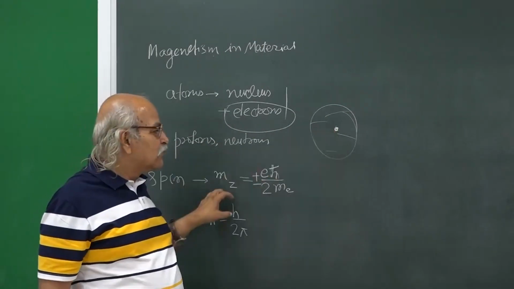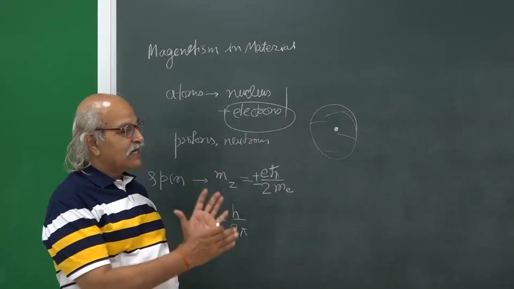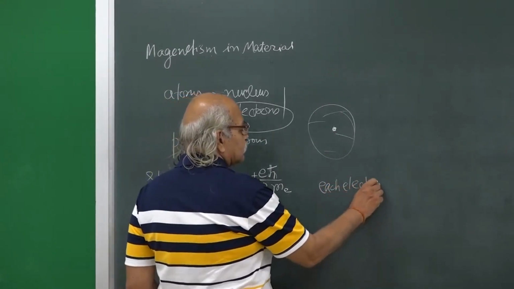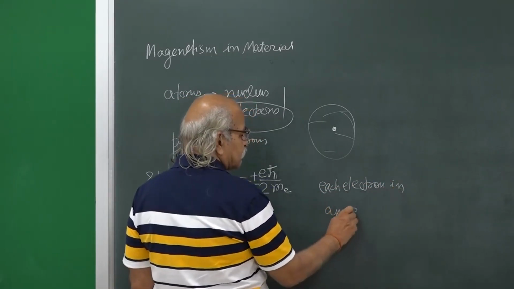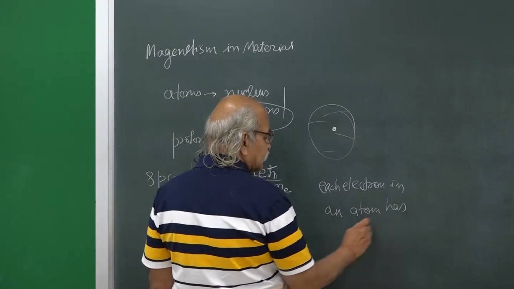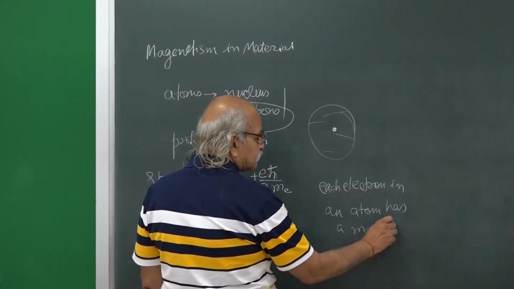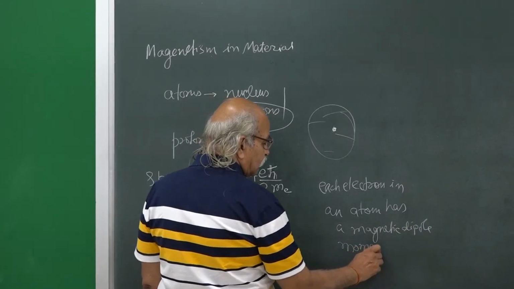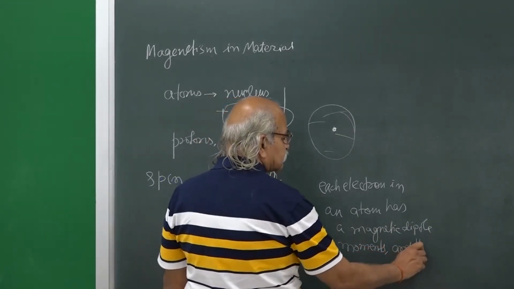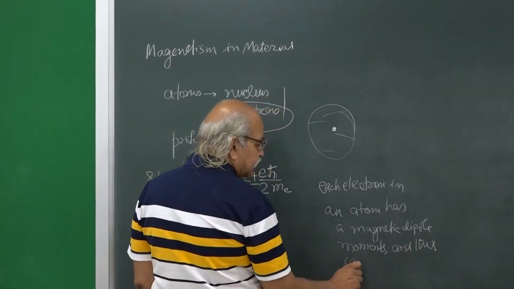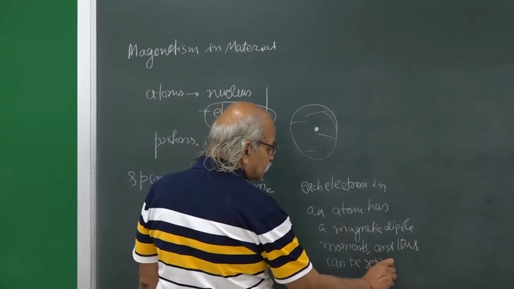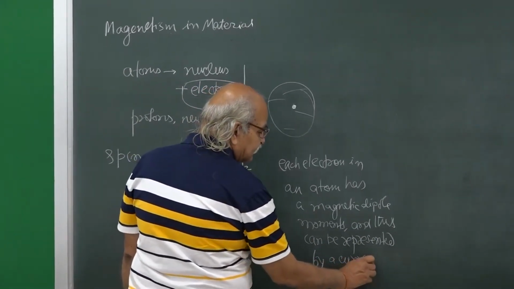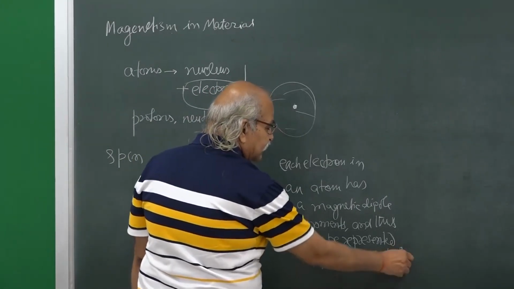So, in totality, we combine this dipole moment and the dipole moment due to this current, and we say that each electron in an atom has a magnetic dipole moment and thus can be represented by a current loop, a tiny current loop, very tiny.